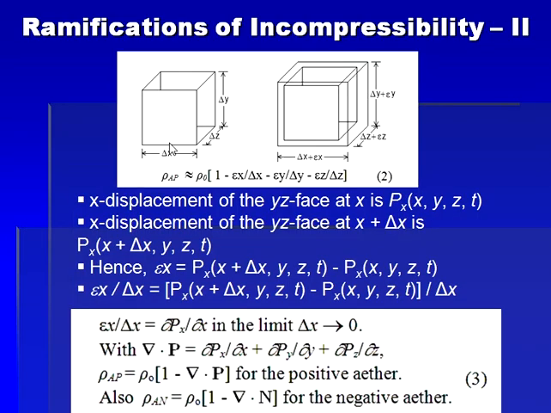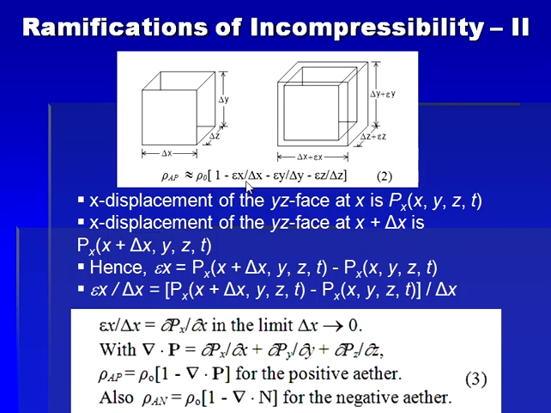Continuing on with our derivation, the picture and the result from the previous slide appear again at the top of this slide. We now need to resolve the quantities epsilon x divided by delta x, epsilon y divided by delta y, and epsilon z divided by delta z. Recall that the vector p is the displacement of the attached positive ether with respect to its equilibrium position.